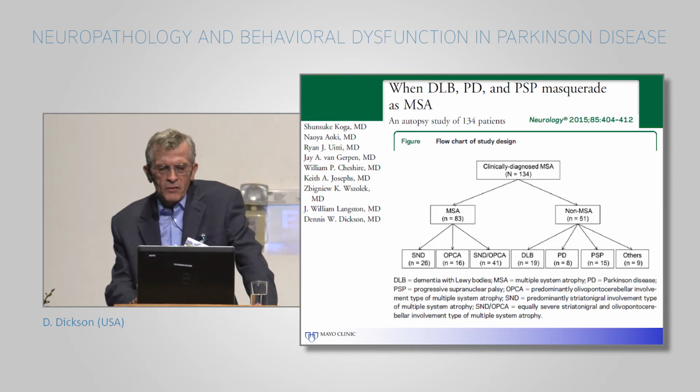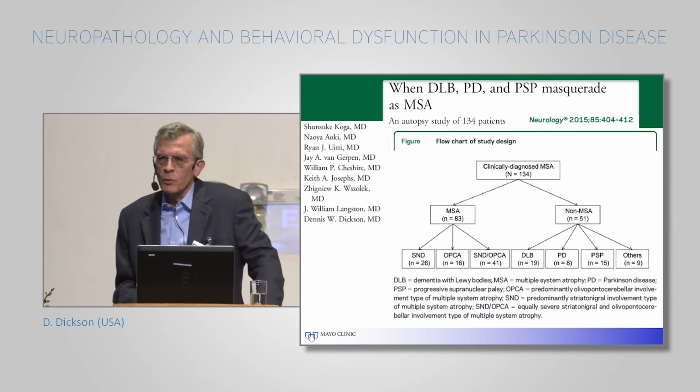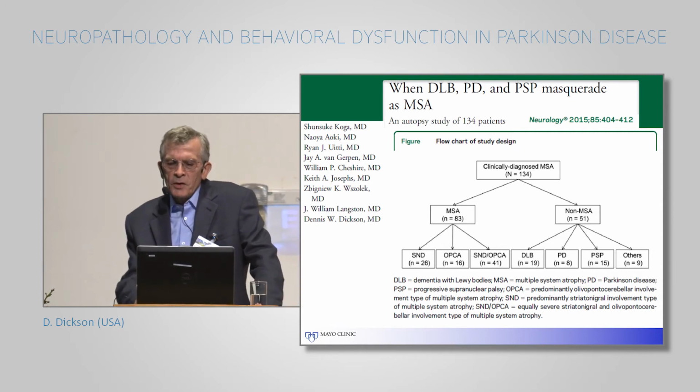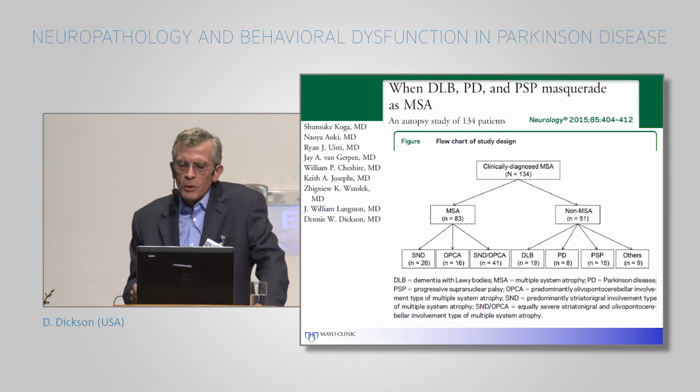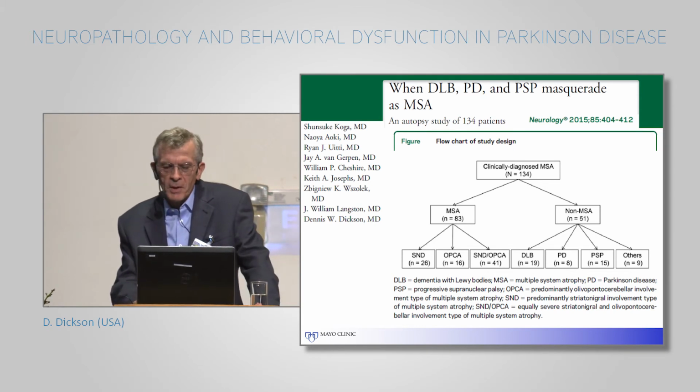In our brain bank series and a study led by Shunsuke Koga, he reviewed the clinical records of patients that were correctly and incorrectly diagnosed with MSA. And we started with 134 with clinical diagnosis of MSA. And the majority were correctly diagnosed. 83 of the 134 were correctly diagnosed with pathology.